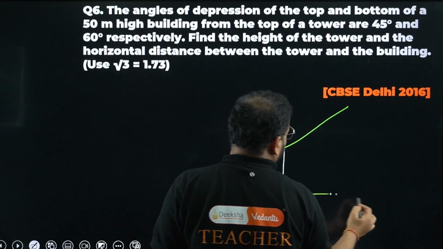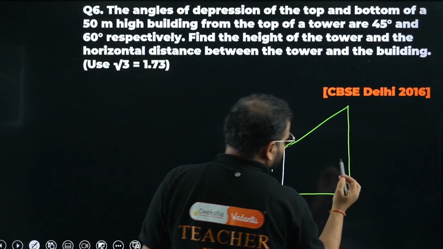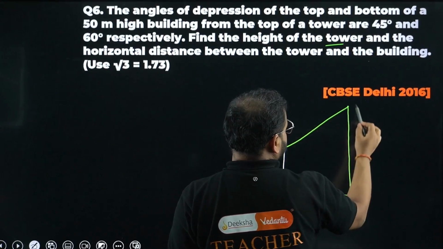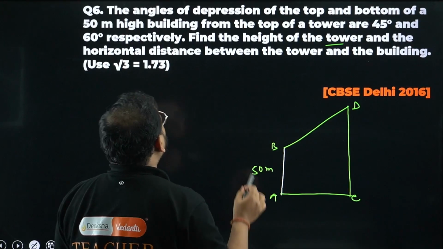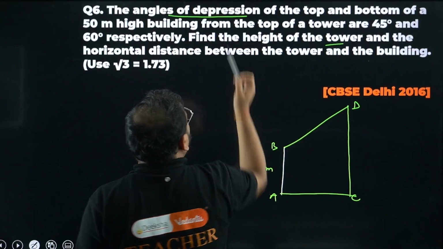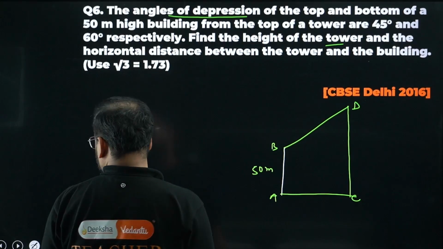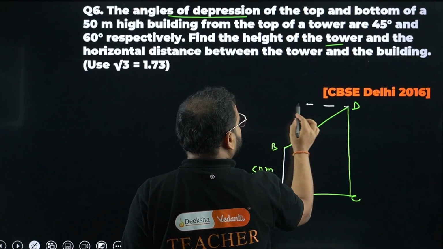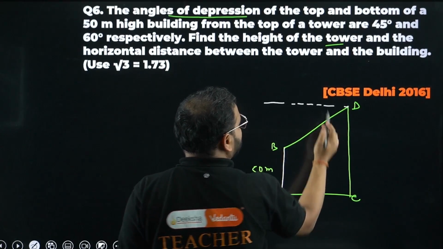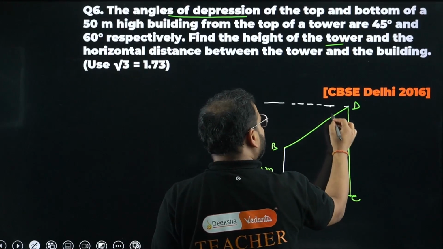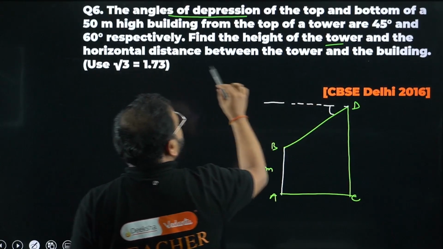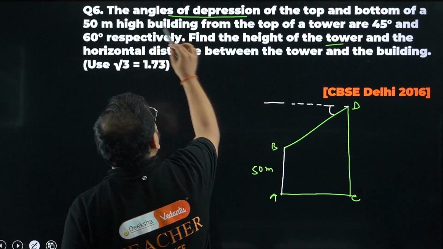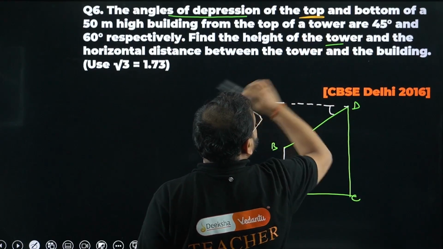Let's call this some ground, and the tower is there. Let's call this CD. So what are they saying? Angles of depression. From where will we observe? From here only. The first angle is given as, first one, angle of depression of the top is 45.